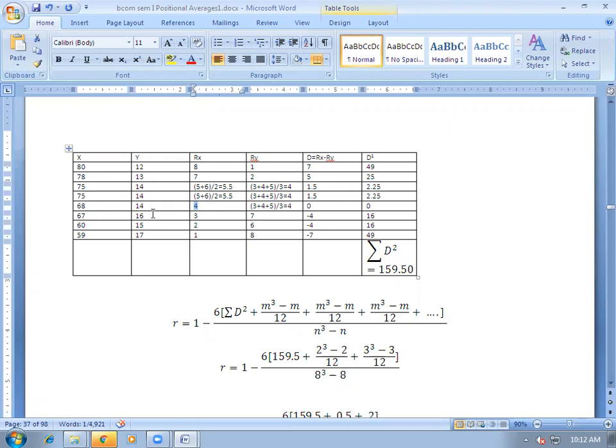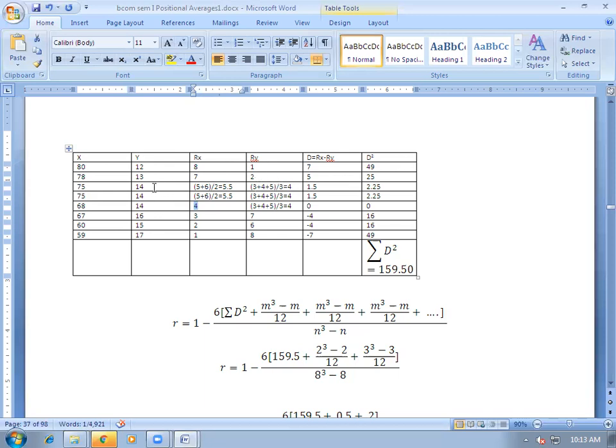Similarly, I will assign ranks in the Y series. In the Y series, the lowest value is 12, so I will assign rank 1 to 12, then 13 gets 2. Then 14 is repeated 3 times, so the next 3 ranks, 3 plus 4 plus 5 divided by 3, that means ranks 3, 4, 5, are averaged. Their mean is 4.